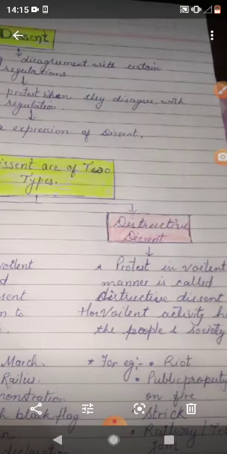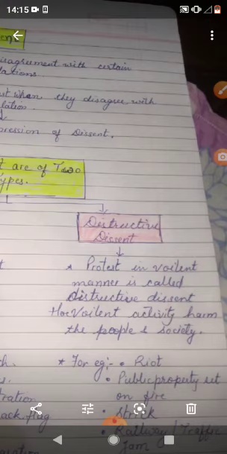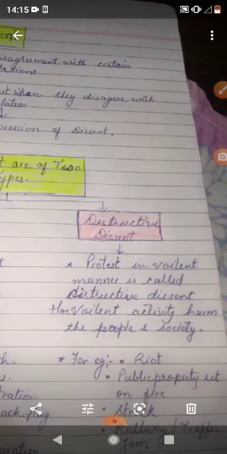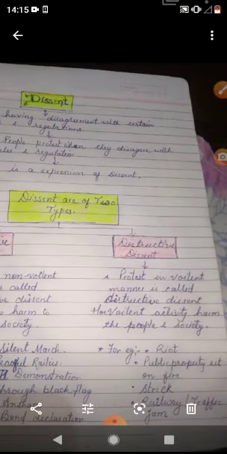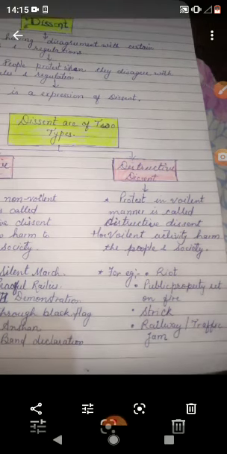On the other hand, we have destructive dissent. Destructive dissent means that protest in a violent manner is called destructive dissent. So here the violent activity will harm the people as well as the society. For example, riots, when the people do not agree with the decision, sometimes it takes the shape of riots.